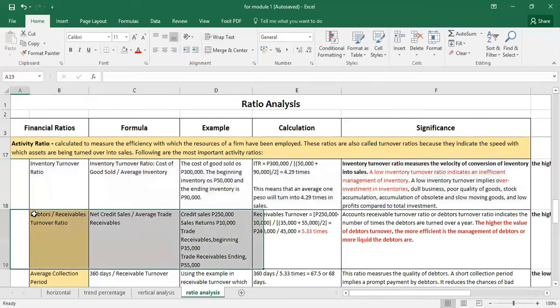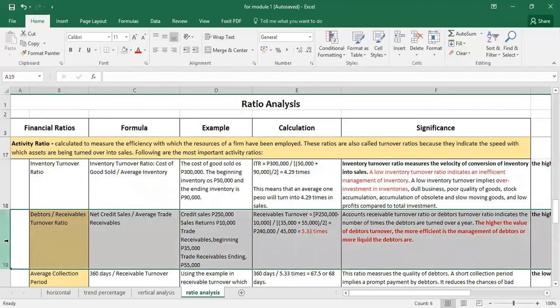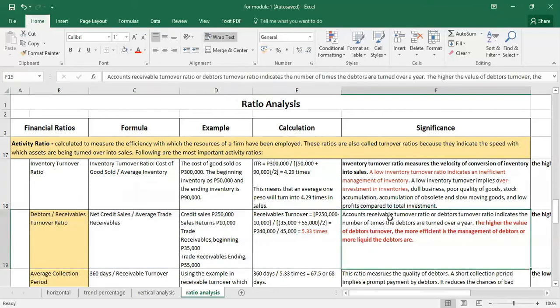Then we have debtors or receivables turnover ratio. Ano naman ng receivables turnover ratio? So, to compute for this one, net credit sales or sales divided by the average receivables or the accounts receivables. Accounts receivable turnover ratio or debtors turnover ratio indicates the number of times the debtor are turned over a year.